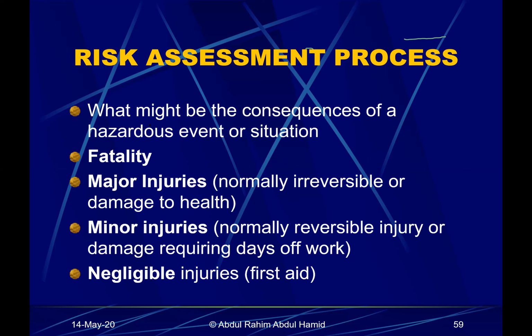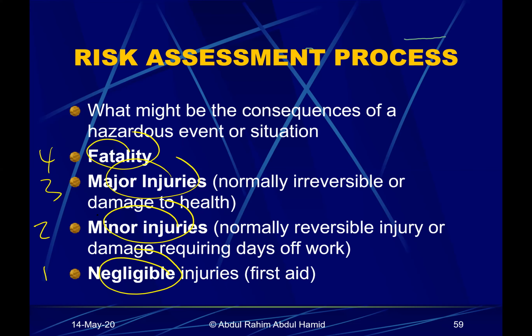And similarly, in terms of seriousness, you can attach 4 as fatal, 3 major injury, 2 minor injury, and 1 is negligible. If you use 4 Likert scale, remember Likert scale can be many, 3, 4, 5, 7, 10. That is as simple as that.